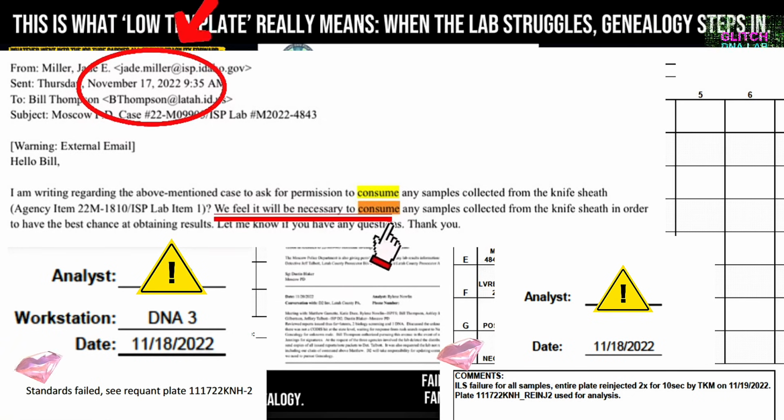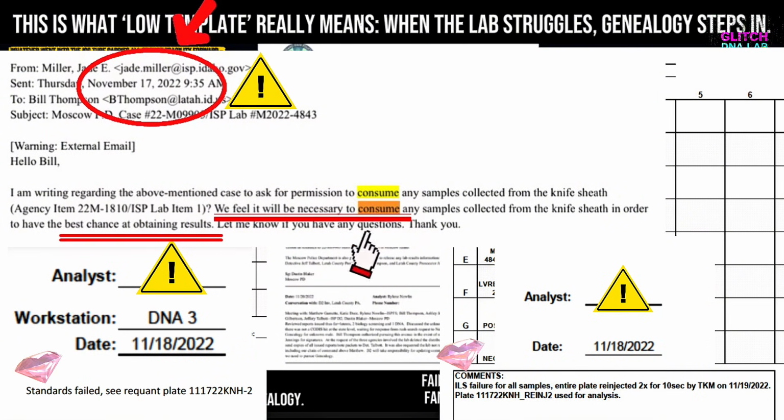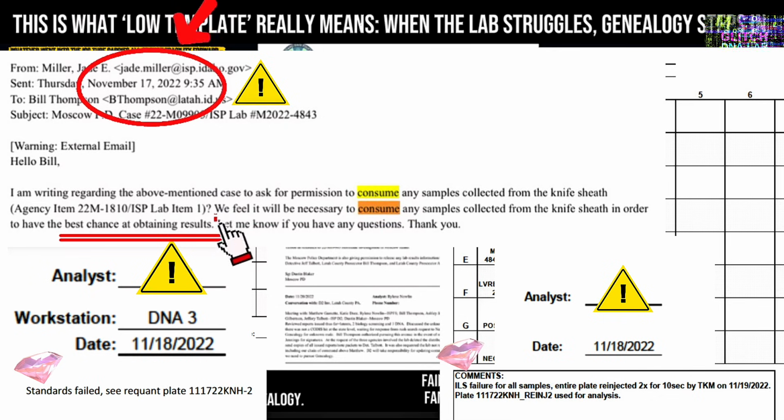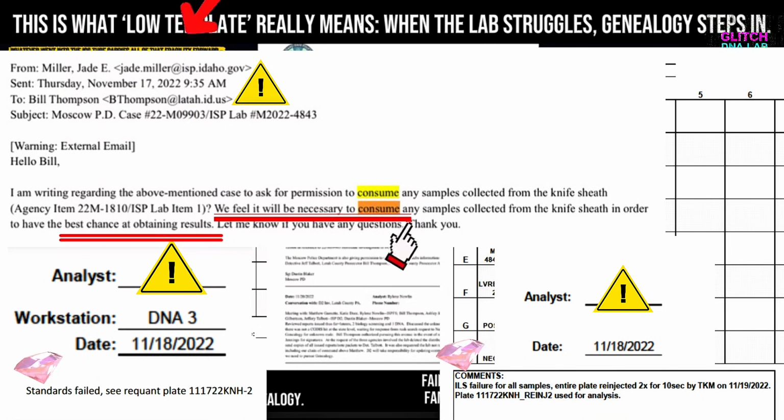When labs see that kind of behavior, responsible practice is caution. A conservative accredited lab could look at the same runs and say, given the low quantity, failed quality control, and borderline peaks, this is inconclusive. Instead, what happens here is fragile data goes into STRmix.